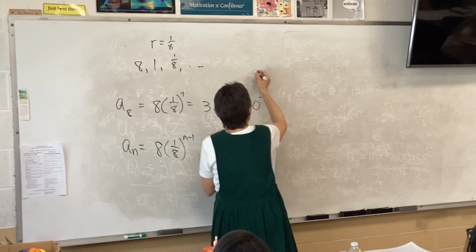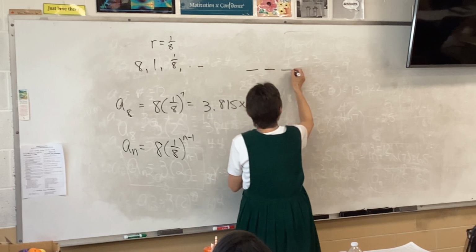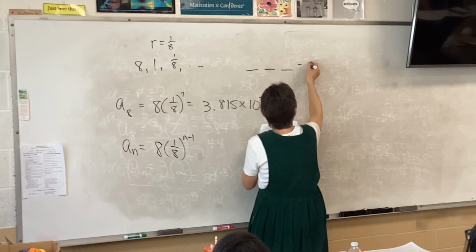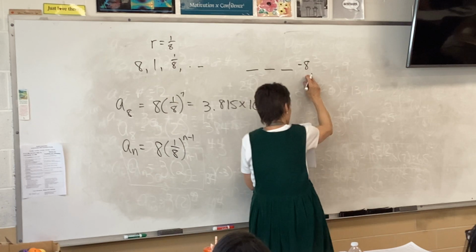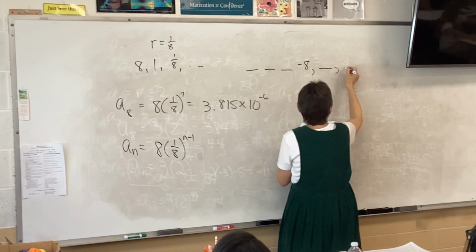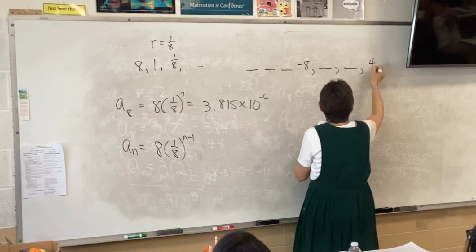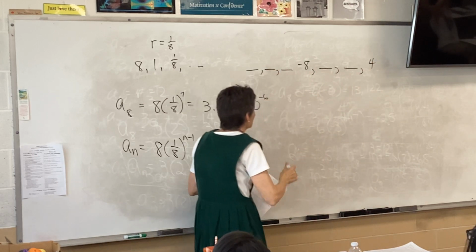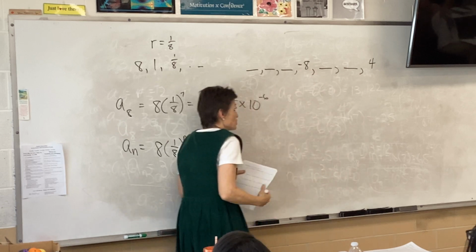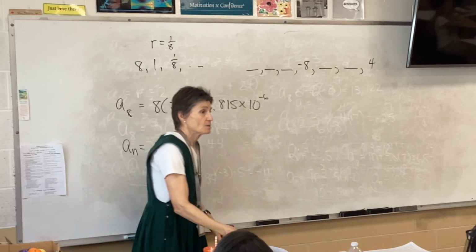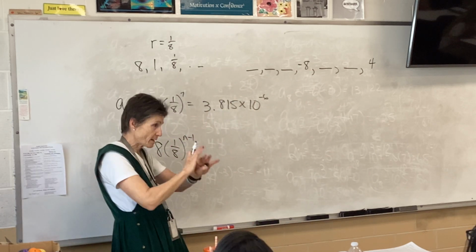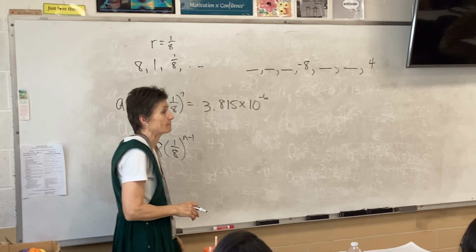6A says, I have an arithmetic sequence where the fourth term is -8 and the seventh term is 4. Now, I am a very visual person, so I like to draw pictures, I kind of visualize what's happening.